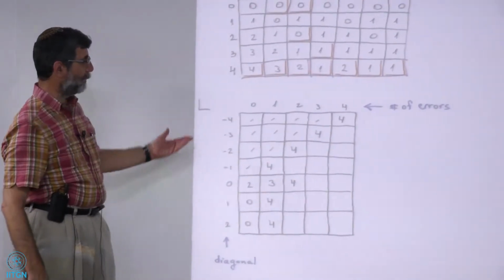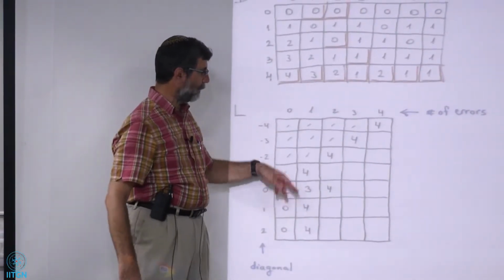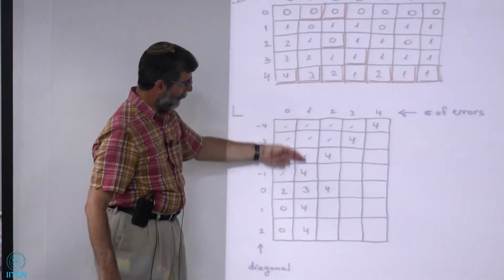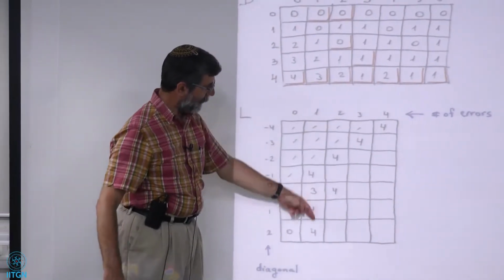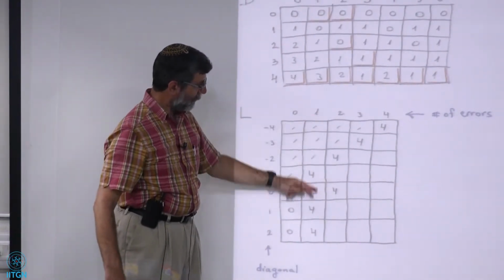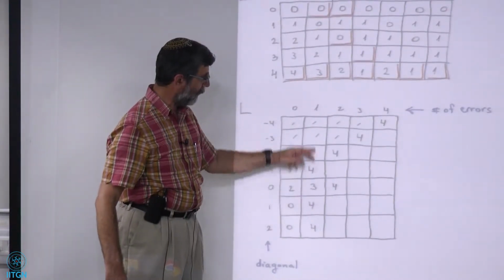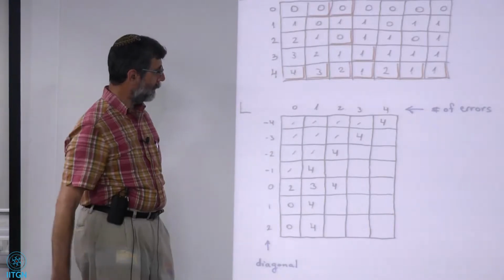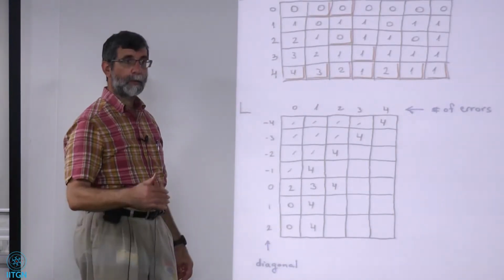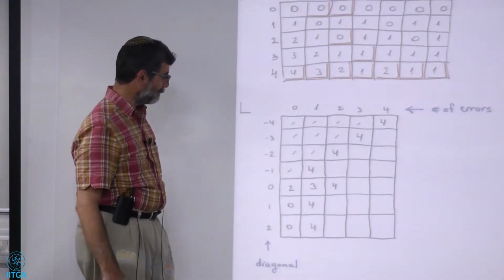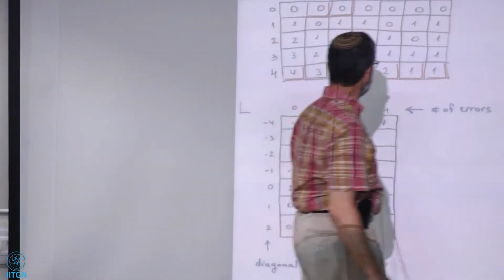If you allow yourself 4 errors, you can go down all the way. But if you allow yourself only 1 error, then anywhere where you get a 4, it means that you can get down to the bottom with 1 error.